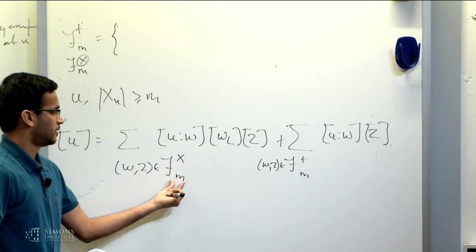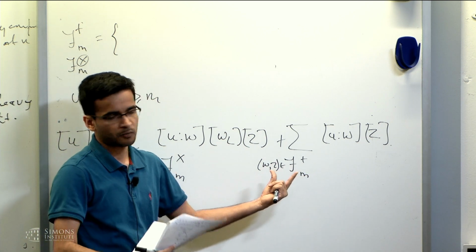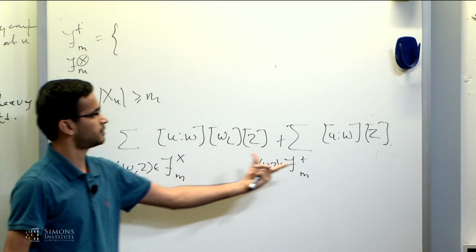These are edges in the multiplicative frontiers. These are edges in the frontiers where the top gate is a sum gate. And there are two kinds of terms. There are contributions from these and contributions from those.